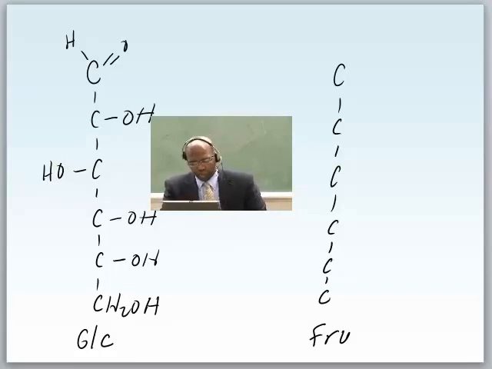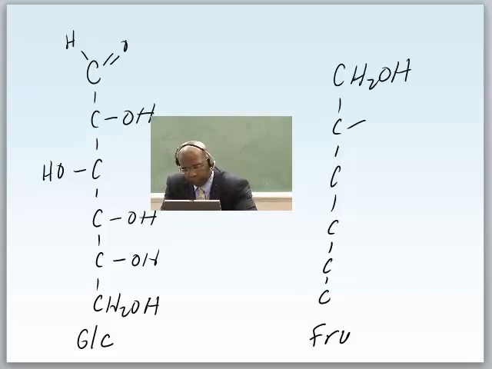Now let's draw fructose. Every chiral center that's in fructose can be found in glucose. Fructose is a ketone, or a ketose, so you have your double bond O there. And now everything else is the same.